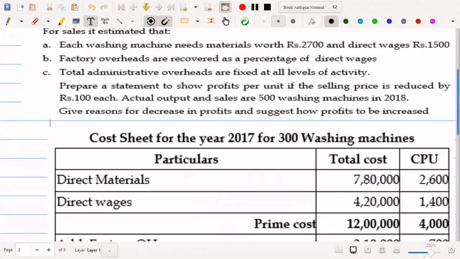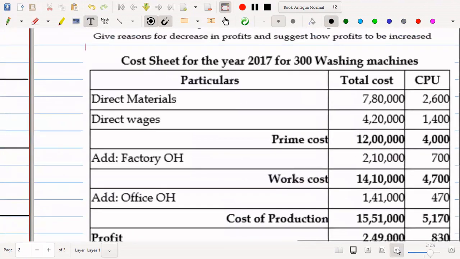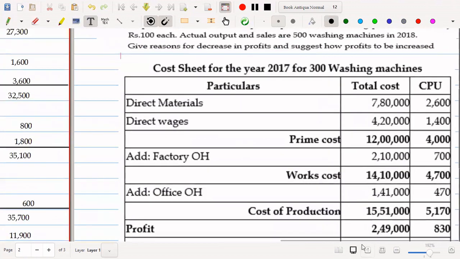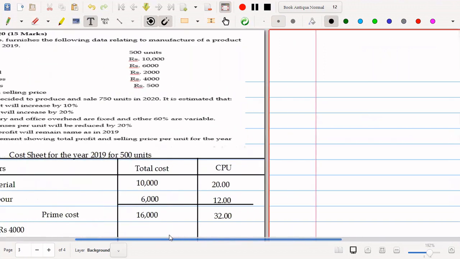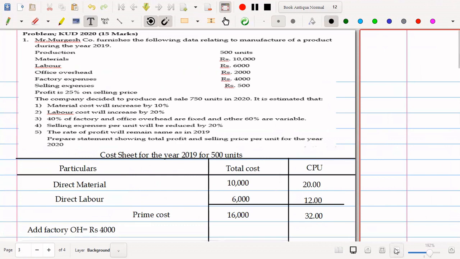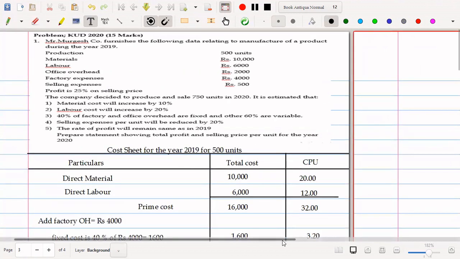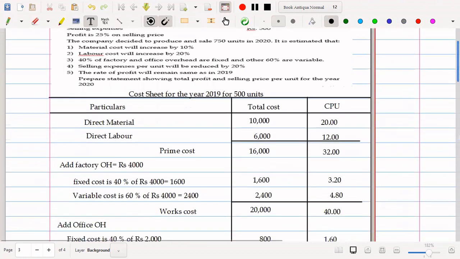So this is the normal cost sheet which I have already prepared for you to make it easy. See here. You can see this. The full page can be viewed now. So this is the normal cost sheet.